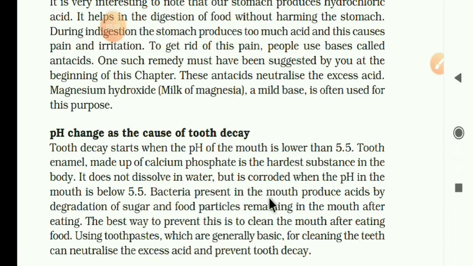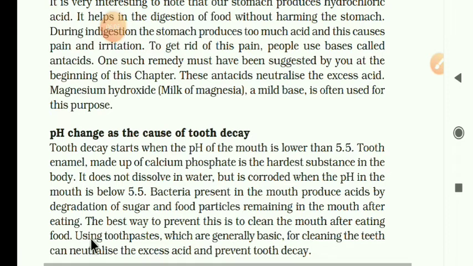Bacteria present in the mouth produce acids. You know that bacteria in the mouth produce acids by the degradation of the sugar and food particles remaining in the mouth after eating. So the best way to prevent this is to clean the mouth after eating food.